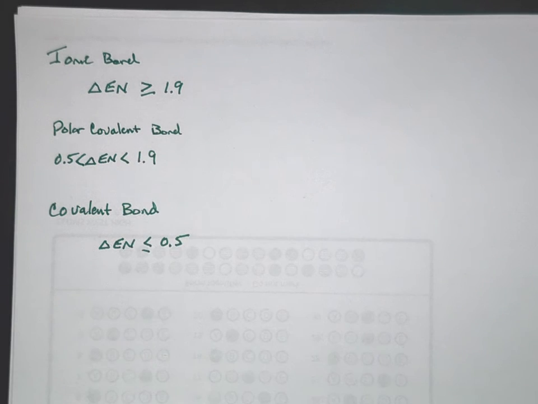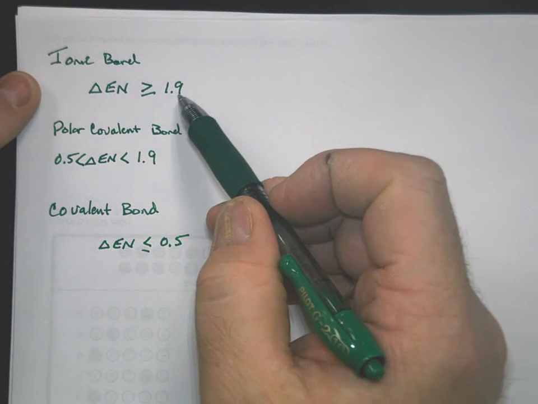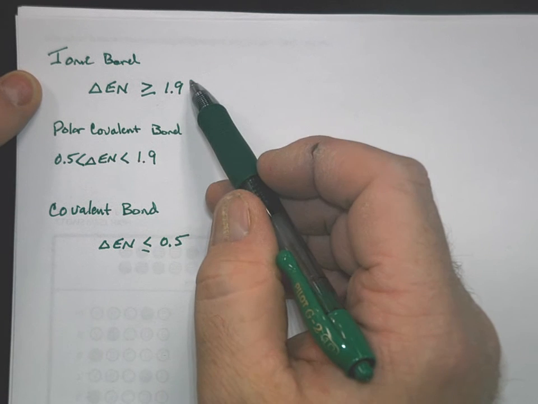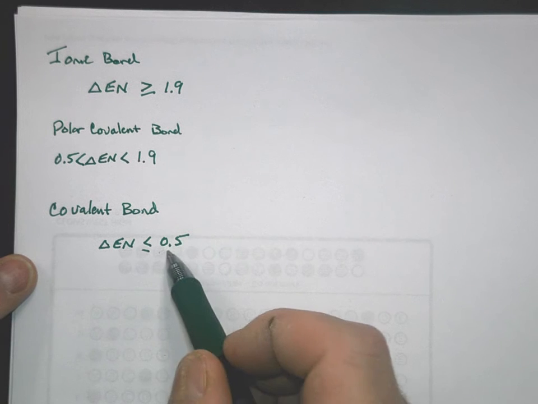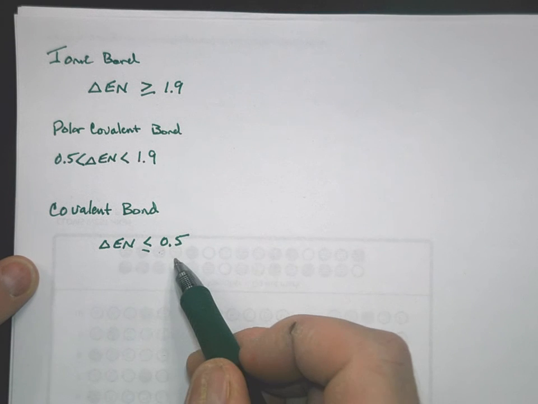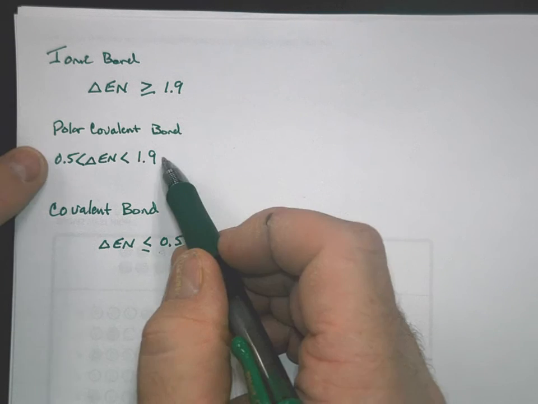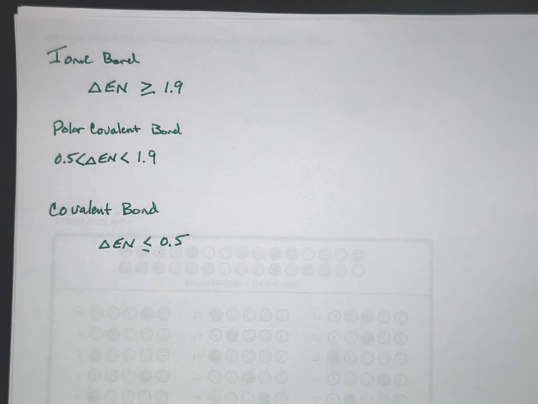It is an in-between state. It's not quite taking the electrons away like it was over here, but it's not sharing them equally like it would be over here for the covalent bond. A polar covalent bond is an unequal sharing of the electrons. Does that make sense to you guys?